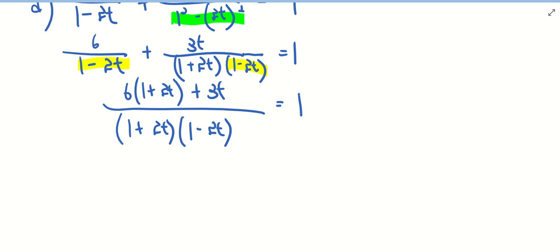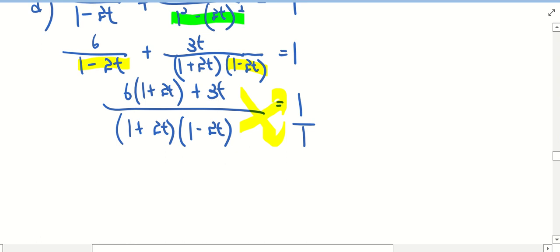After that, I can do my cross multiplication. The good thing, the right-hand side is number 1. So number 1 can be written as 1 over 1. Then I can do my cross multiplication and my simplification now.